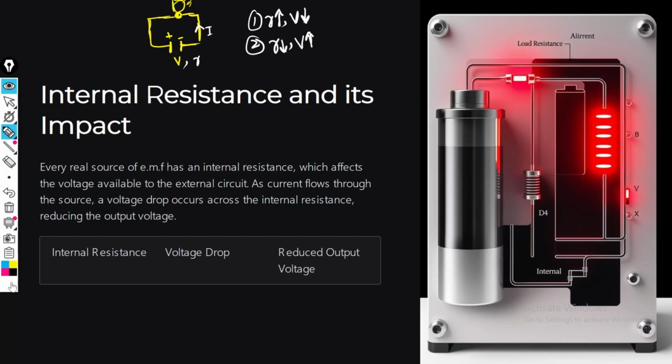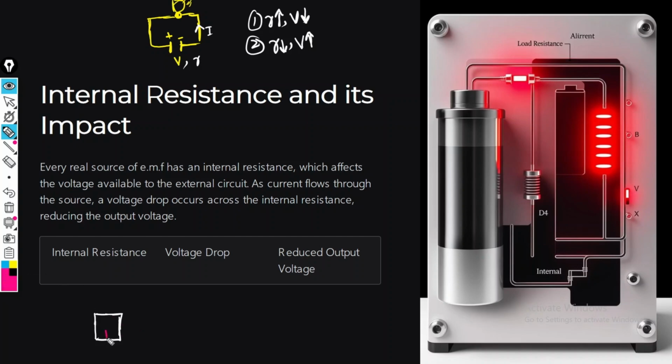For that I am going to draw a simple circuit here. We have this battery, and inside the battery I'm going to label it.